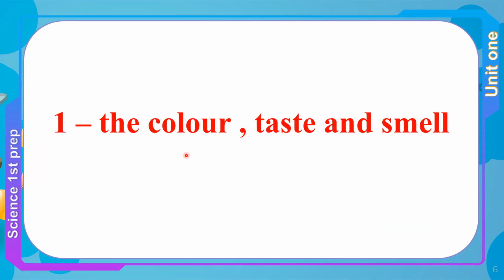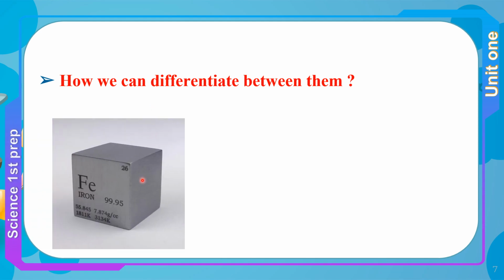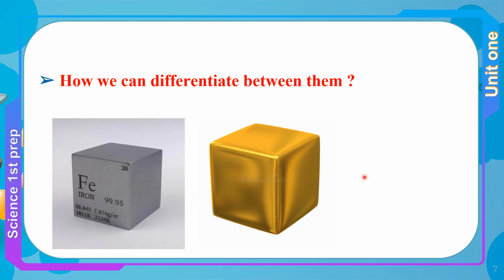Okay, the color, taste, and the smell. How can we differentiate between them? What is this? Fe? Iron. Yes. And what is this? Gold. Perfect. And what is this? Silver.